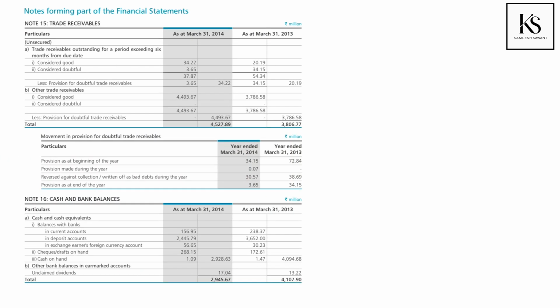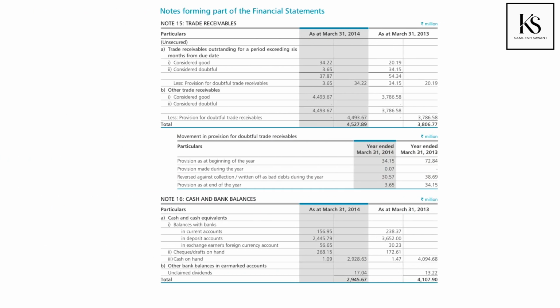The next line item is trade receivables, also referred to as accounts receivables. This represents the amount of money that the company is expected to receive from its distributors, customers, and other related parties. The trade receivable for ARBL stands at 452 crores.